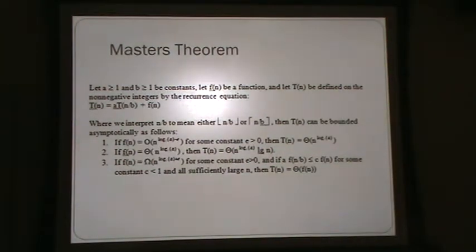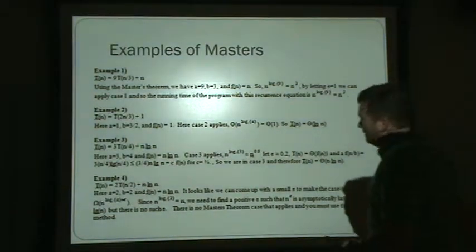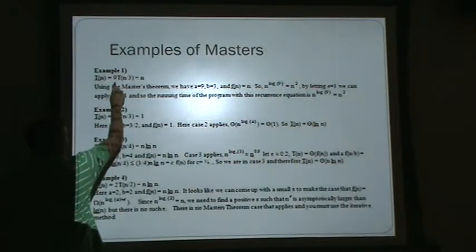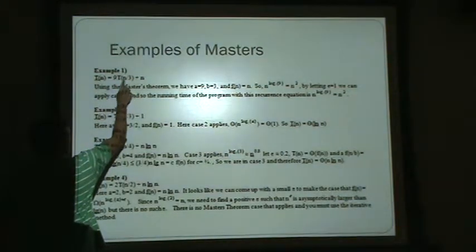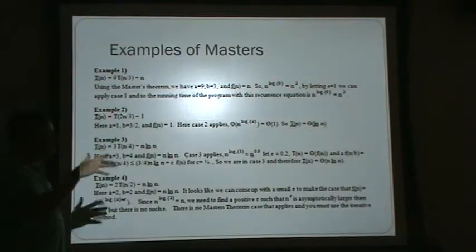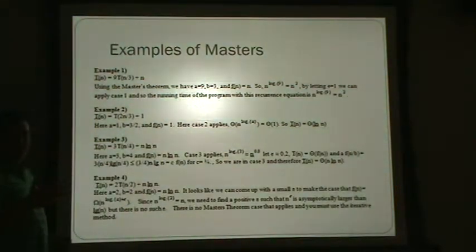Okay, so back to one of the examples. The first one, we had a 9 and a 3 and the function ended up being n. So we're going to build n to the log base 3 of 9, which is n squared. N squared is greater than n when n gets very large.